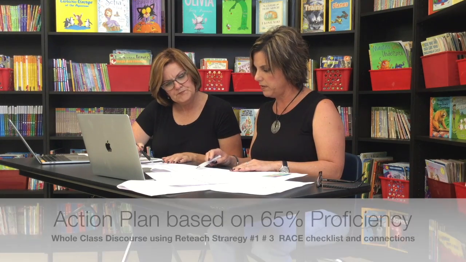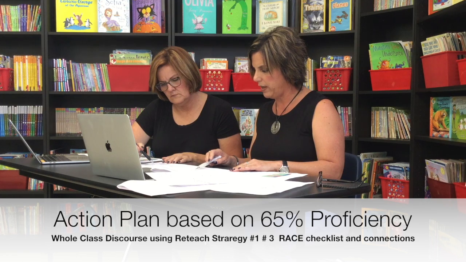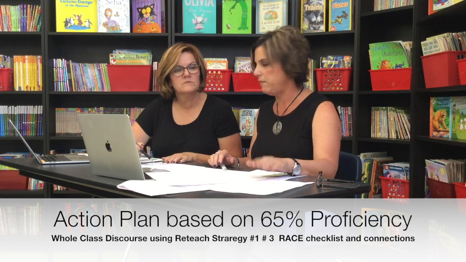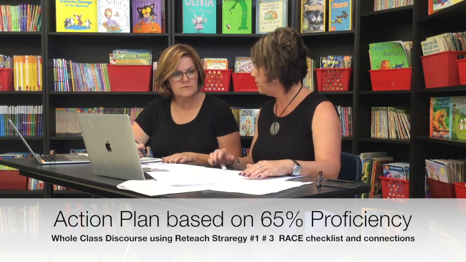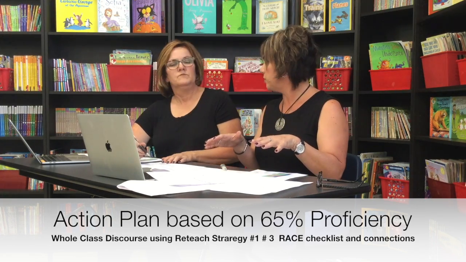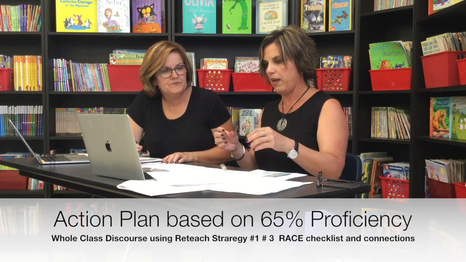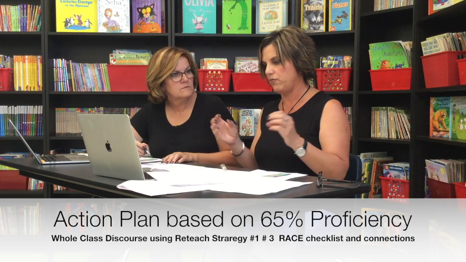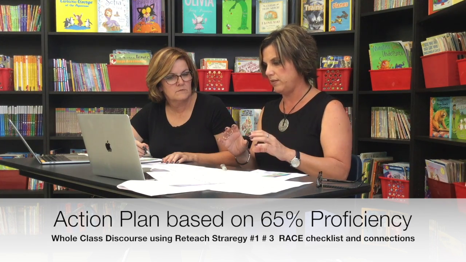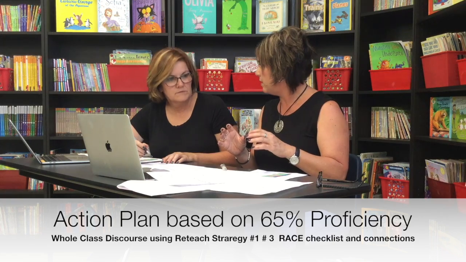I think just some guided discourse would be helpful in possibly comparing a medium and a high. I could use multiple samples and have them get out a RACE checklist and really look at both pieces to see what might be missing. Nice.